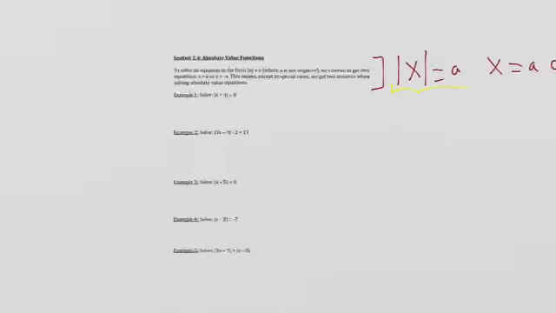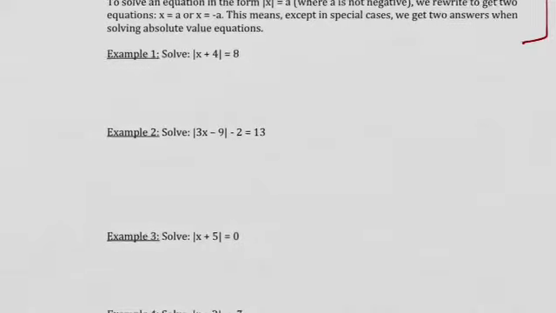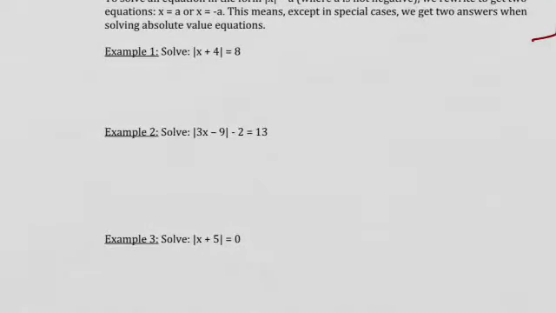So let's try to do example number 1. Based on the definition, because you have your algebraic expression standing by itself, the absolute value is standing by itself, so you can write that x plus 4 equal 8 or x plus 4 equal negative 8. You can subtract 4 both sides.